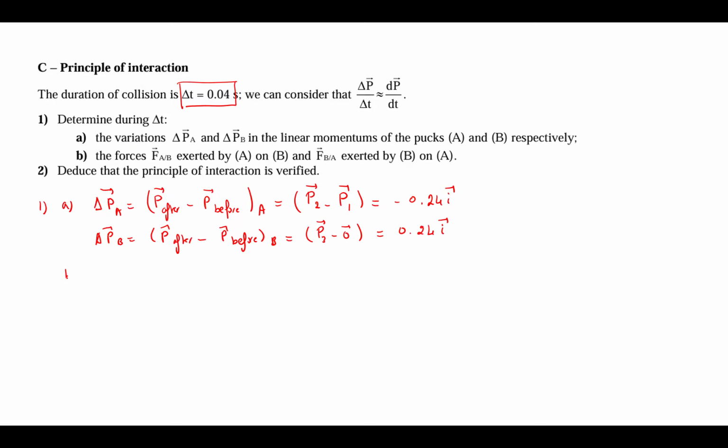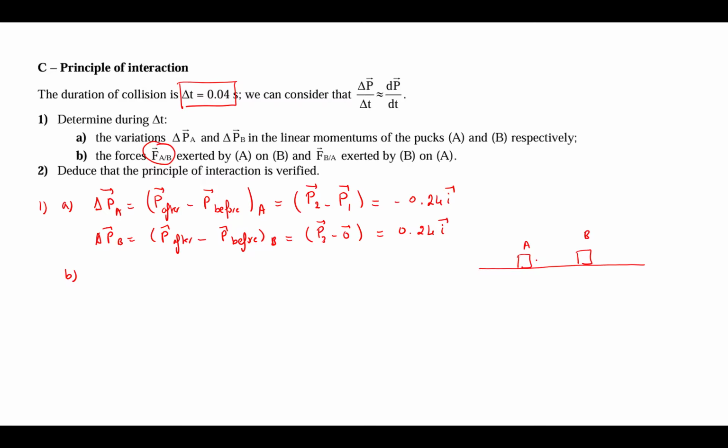Part B, determine the forces FA on B exerted by A on B and B on A. Okay, so here I need to find this force. This force must not be an internal force. It must be an external force in order to calculate it. So here I have to pay attention. Let's suppose, for example, this is A and this is B here.